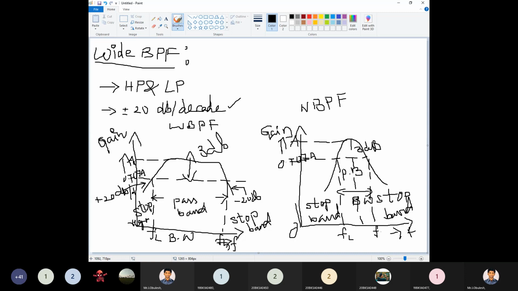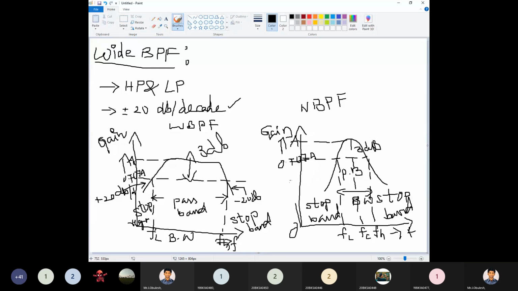This is FH, and this is the cutoff frequency FC. So this is the difference between the two band pass filters' frequency responses.